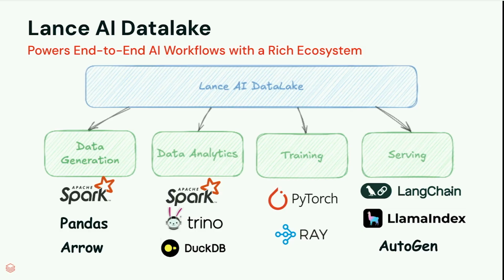After your data is saved in the Lance AI data lake, you are able to analyze this data and get information out of it, leveraging Spark, Trino, and DuckDB to do your SQL queries and your BI workloads. And you are able to use PyTorch and Ray to do training on the multimodal data.